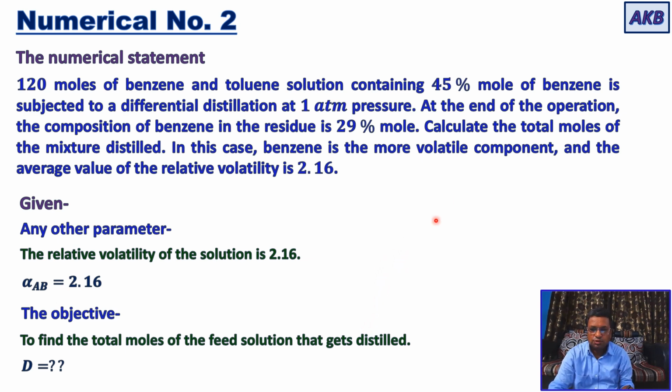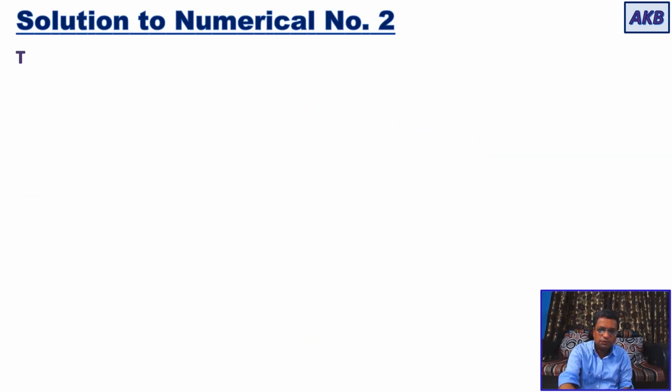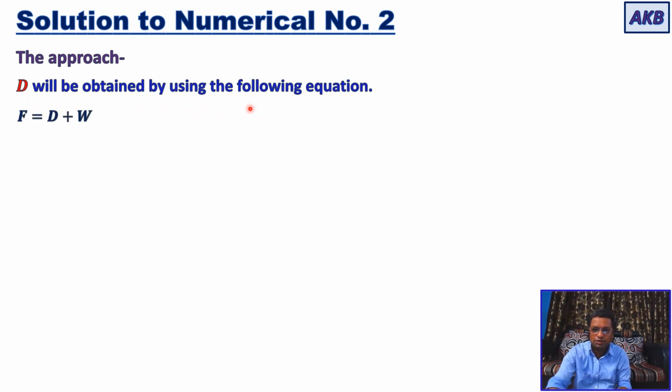Okay. So after noting what things are given to us and what we are supposed to find out, now let us go for the solution. What is the approach for this particular numerical? The objective is to get D, and D will be achieved by using the following equation.